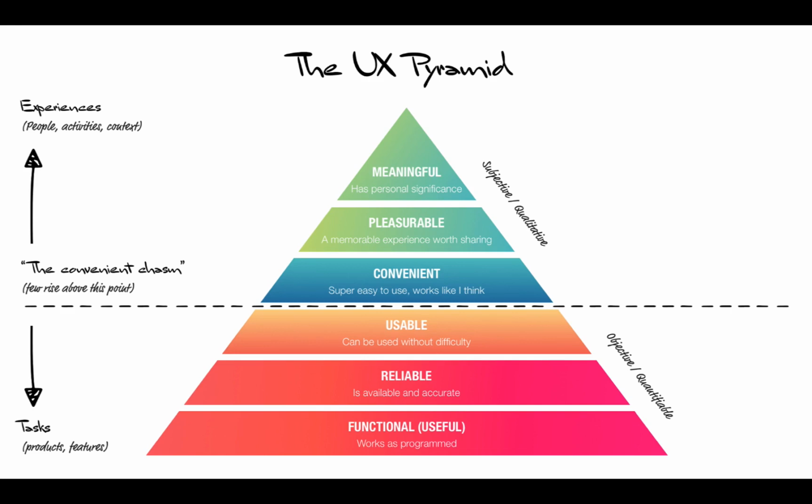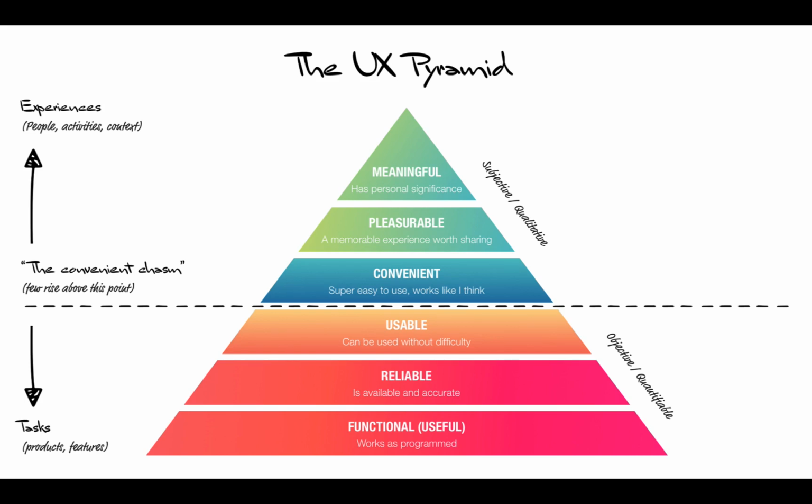And so by applying that design thinking, we can quickly get over that convenient chasm, which ensures that our products and services provide not just a convenient, not just a pleasurable, but also a meaningful interaction.